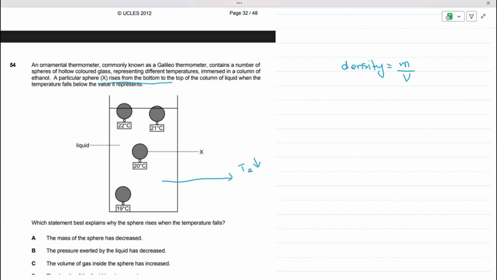If temperature is falling, will the volume of that particular thing increase or decrease? Of course it would decrease, right?